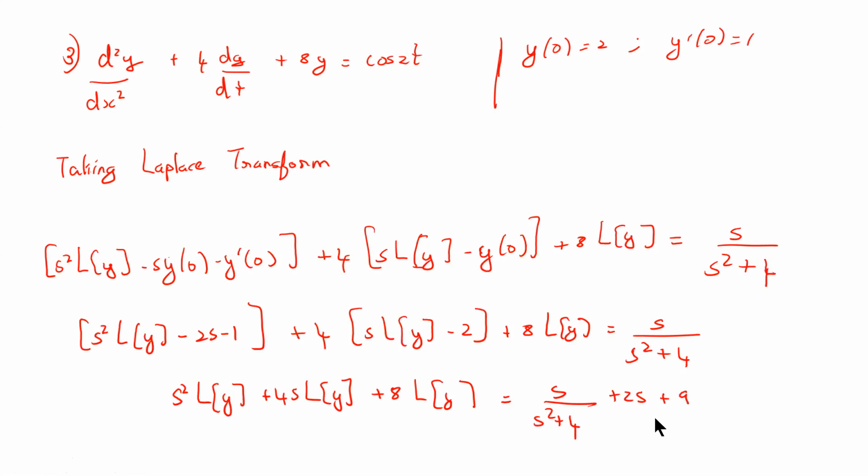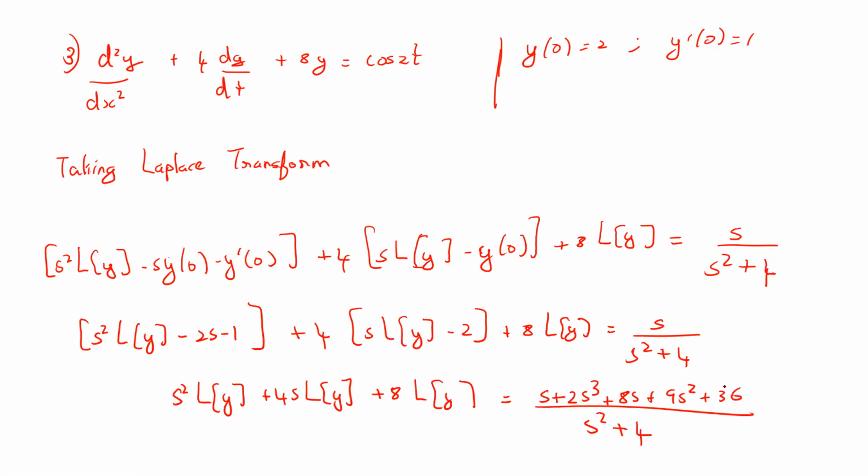If you sum this right hand side, you just take the LCM and take the sum. What you actually get is this quantity: s square plus 4 in the denominator, and then 2s cubed plus 9s square plus 8s plus 36 in the numerator.